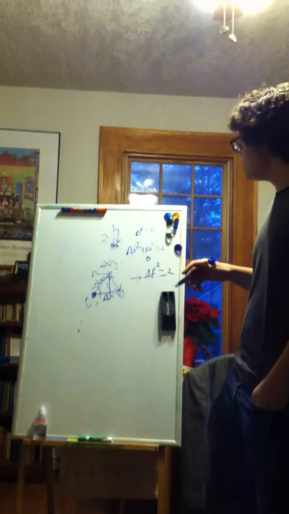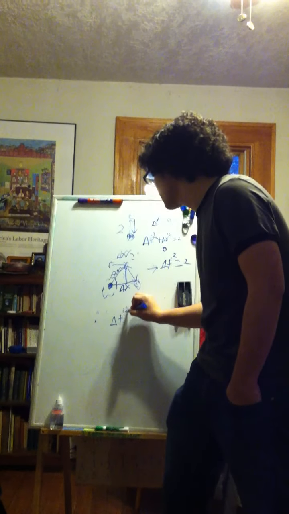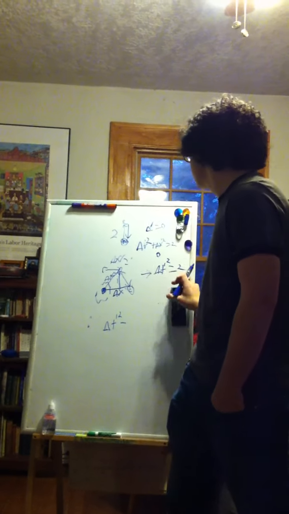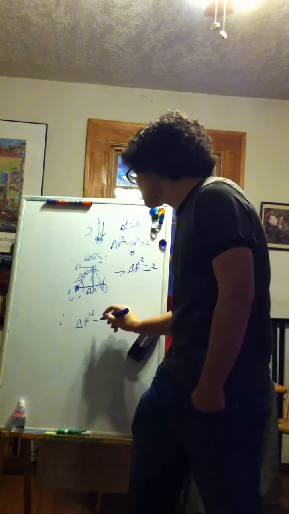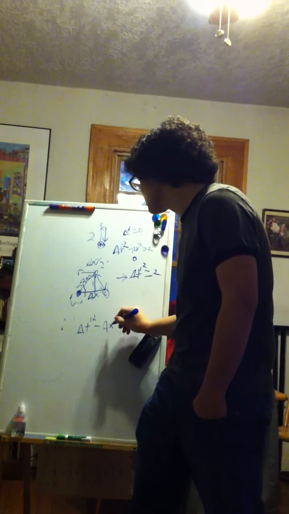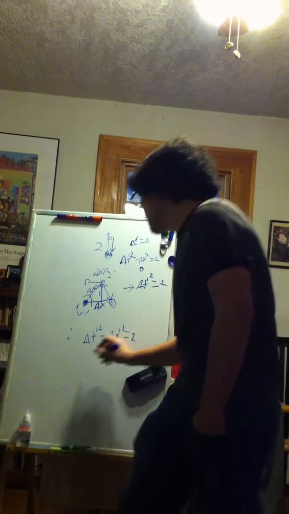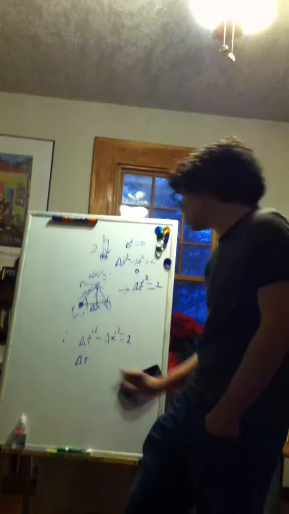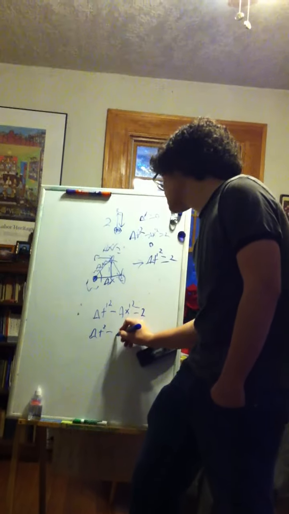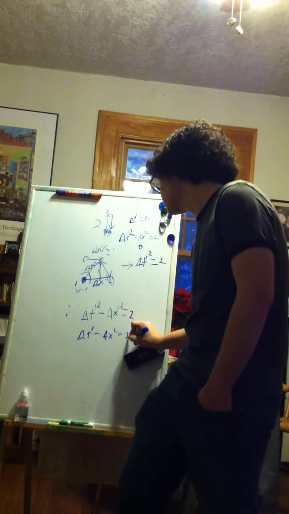Both delta t prime squared minus, that's going to be actually minus up here, I'm sorry. Delta t prime squared minus delta x prime squared equals 2. And delta t from our earlier laboratory investigation squared minus delta x squared equals 2.